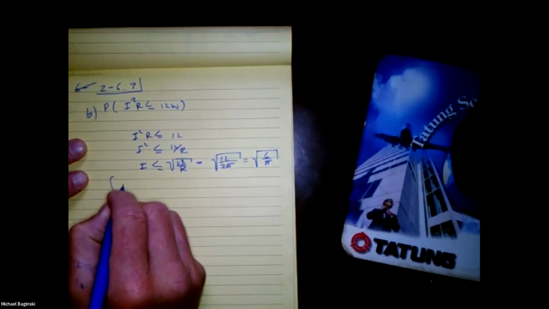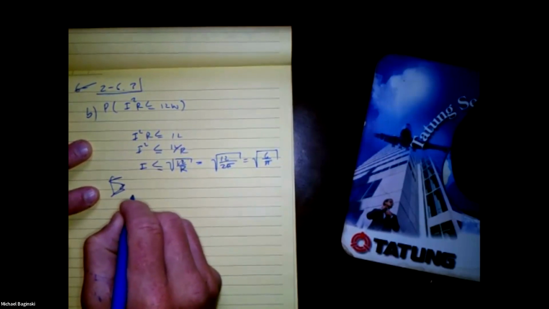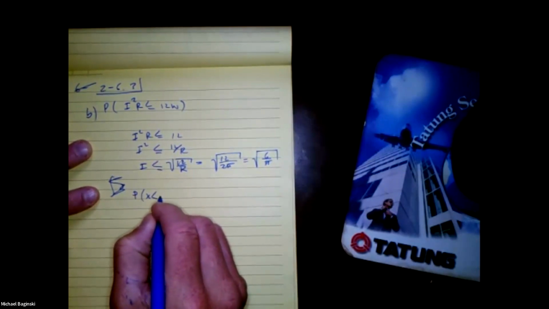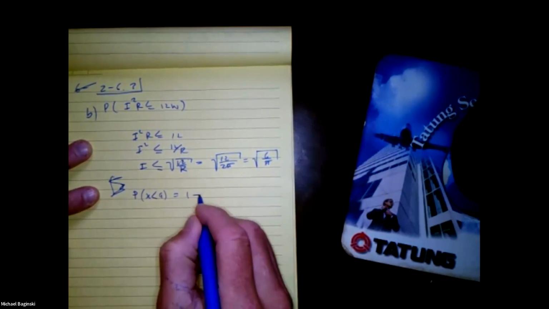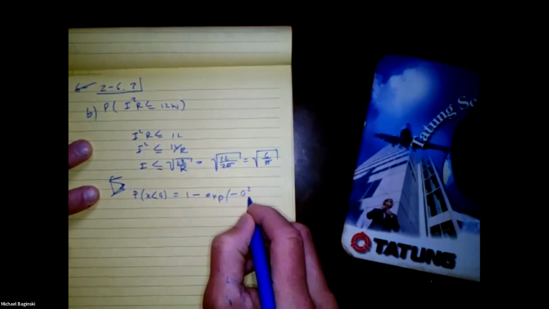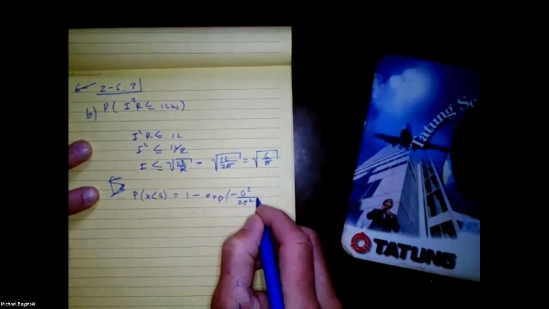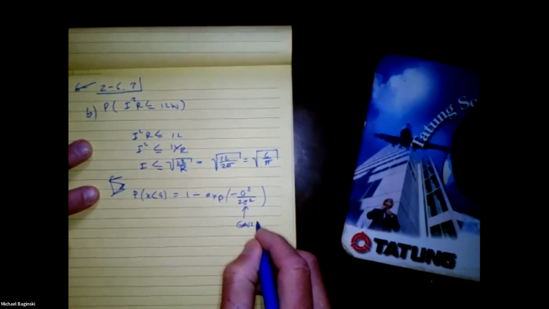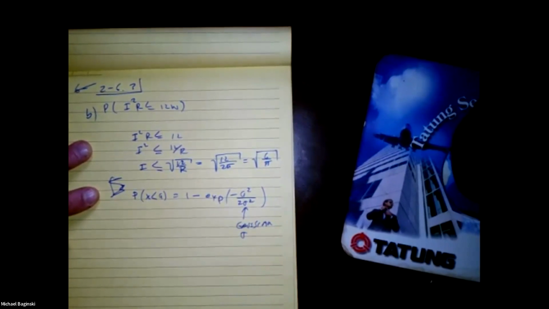For a Rayleigh distribution, the probability of x being less than or equal to a is 1 minus exp to the minus a squared over 2 sigma squared. But take note, that sigma is the Gaussian sigma that the Rayleigh is derived from. That's the one mistake you're going to make. People put the Rayleigh sigma in there.